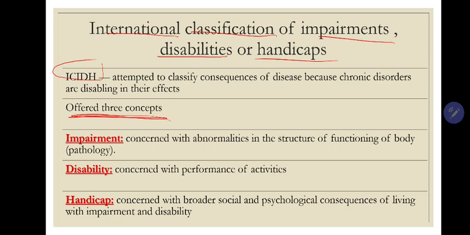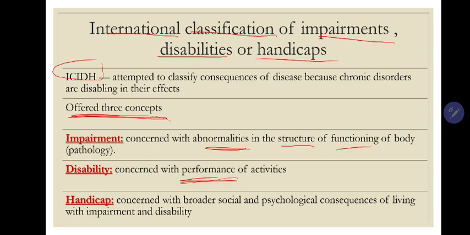The first concept is impairment. Impairment is concerned with abnormalities in the structure or functioning of the body, pathology.